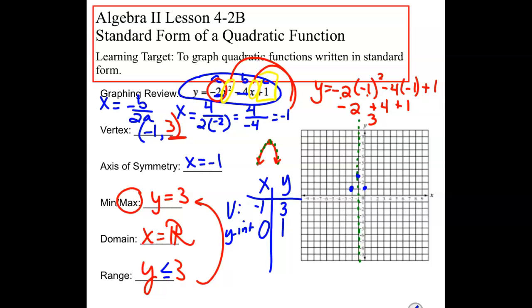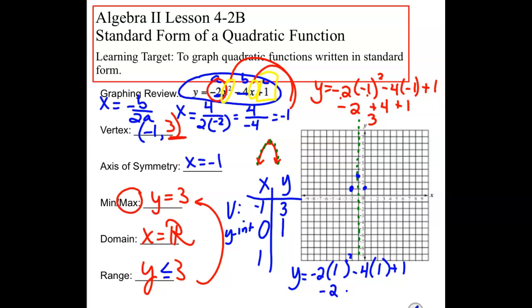And let's go ahead and find one more point, and then we can mirror that. So our x values in our t-chart are negative 1 and 0. So let's go with the next one over, just a positive 1. So we are going to plug that into our equation, which was negative 2 times something squared minus 4 times something plus 1. And we are plugging in a positive 1 this time. 1 squared is just 1 times negative 2 is negative 2.